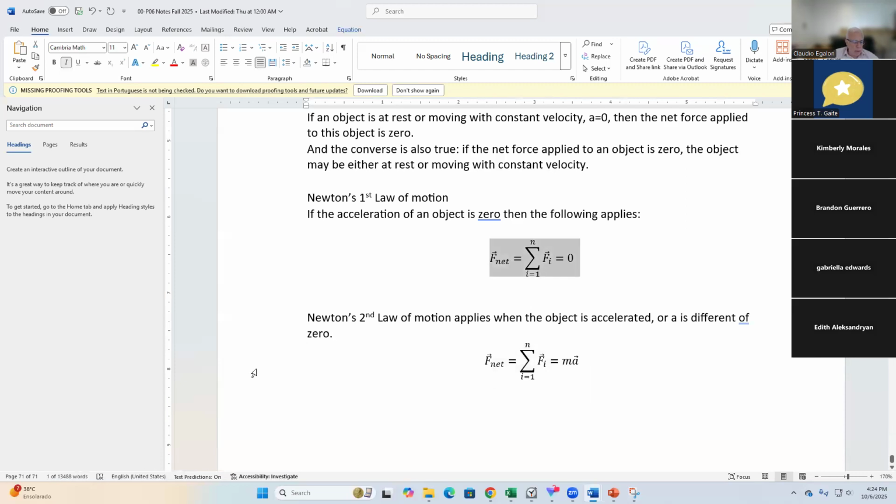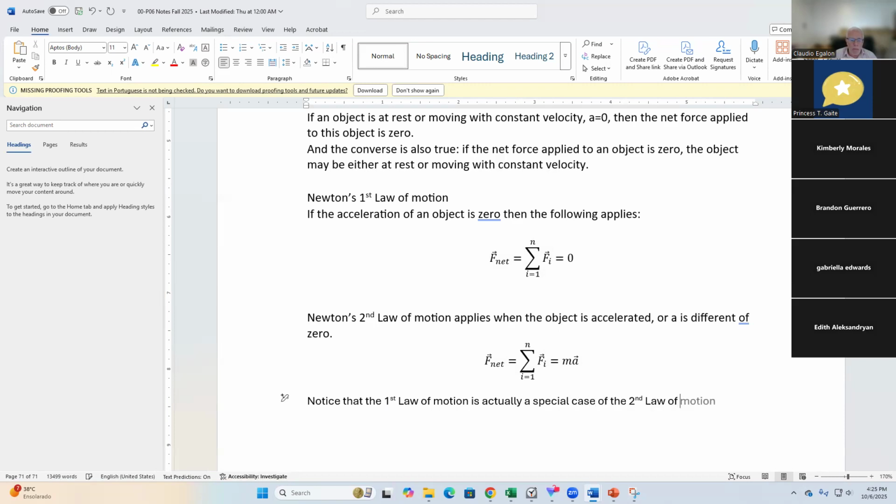See the distinction between the first law and the second law? What you see right in here is just a special case of what you see right in here. Note that the first law of motion is actually a special case of the second law of motion.